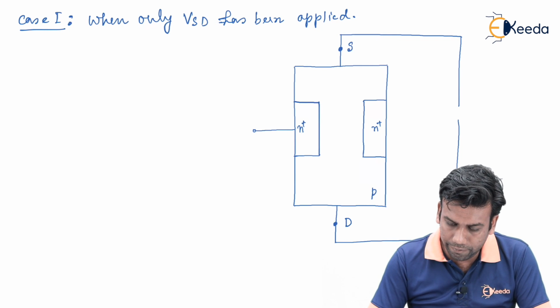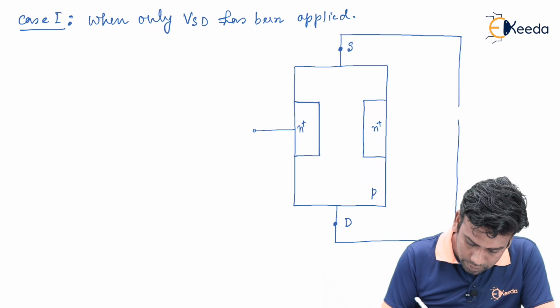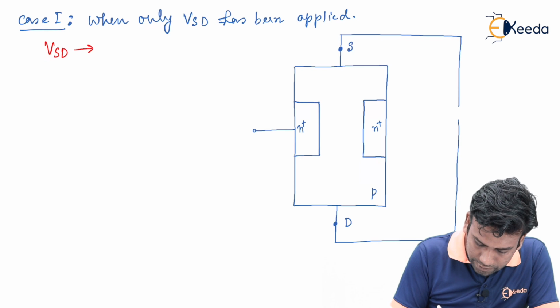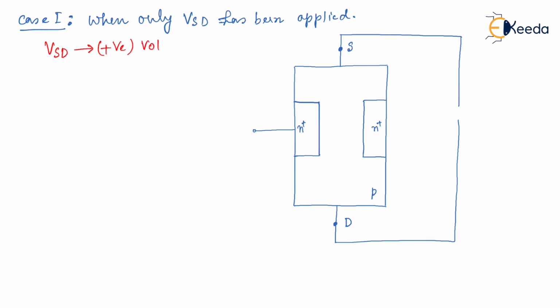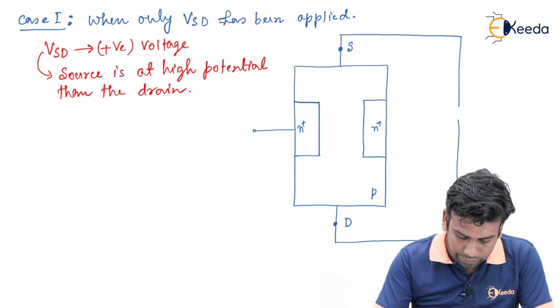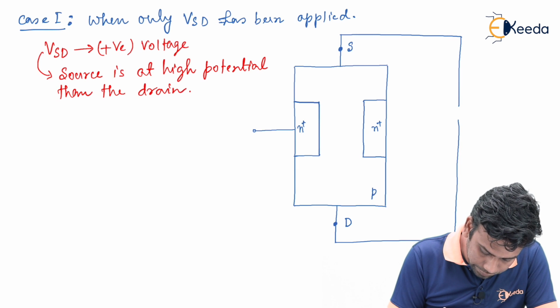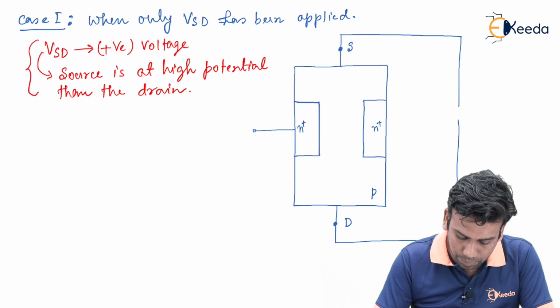When I write VSD, it means if this VSD is a positive voltage, then the source is at higher potential than the drain, and if VSD is negative, then the source will be at lower potential than the drain. This convention will be followed throughout the JFET operation.